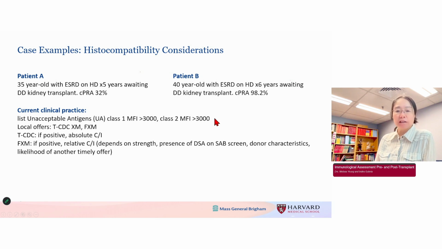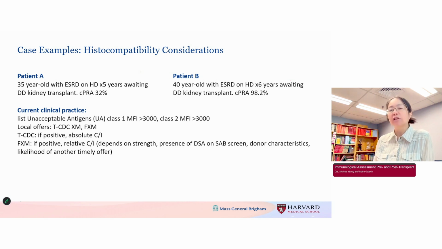In addition to this virtual cross-match assessment, one might consider doing physical cross-matches as well to help you further assess that. And so in the kidney world, a T-cell CDC positivity is pretty much an absolute contraindication to moving forward with transplant.